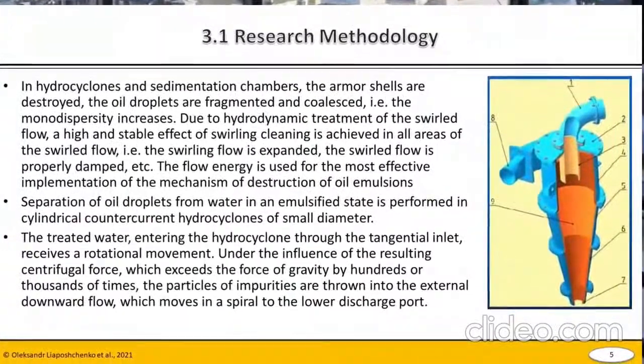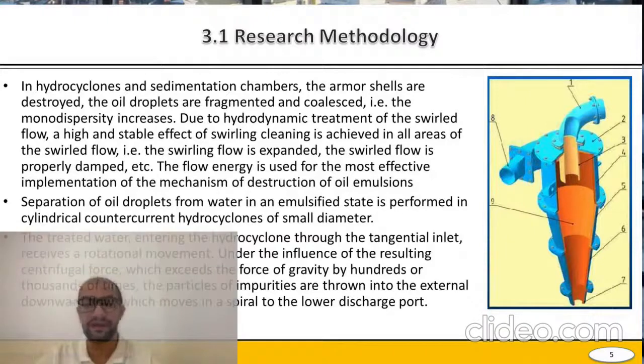The monodispersity increases. Due to hydrodynamic treatment of the swirling flow, a high and stable effect of cleaning is achieved in all areas of the swirled flow. The swirling flow is expanded, the swirled flow is properly damped. The flow energy is used for the most effective implementation of the mechanism of destruction of oil emulsion.